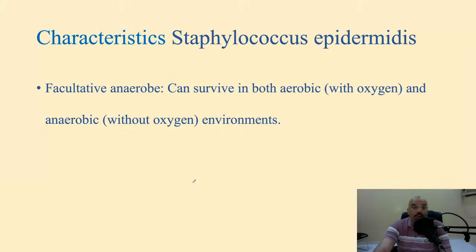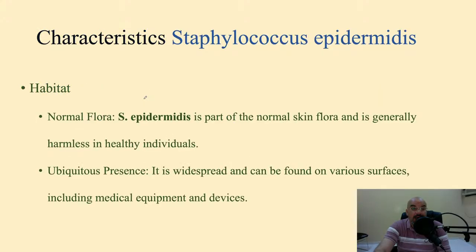What are the characteristics of Staphylococcus? It's facultative regarding oxygen, so it can survive in both conditions, and this gives it a dangerous impact in wounds. Staphylococcus epidermidis can stay on the skin with the presence of oxygen. No problem for it: if there are necrotic wounds where oxygen is not reaching, it also doesn't have a problem and can survive. So it's facultative and can stay inside.